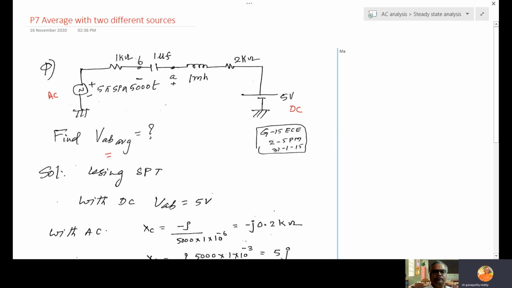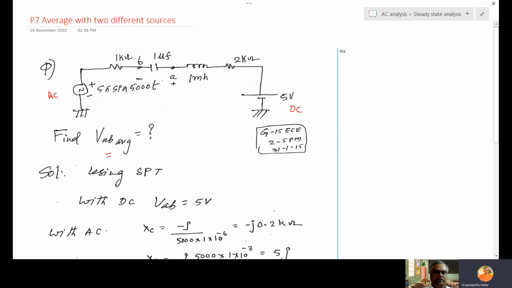So this circuit comes under the sixth case. When a network contains sources with different frequencies, we should use only the superposition principle to find the voltage and current, but not the power.